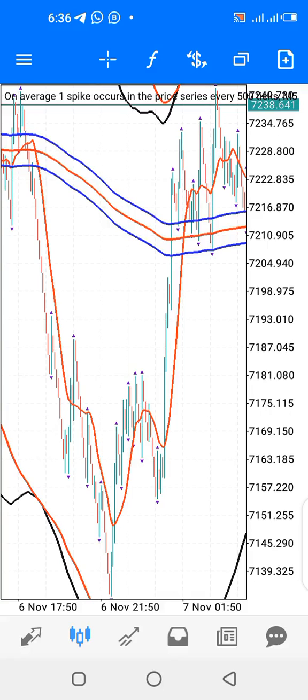Boom index will spike upwards. If price is against your execution and you have a spike upwards when you are selling, you cannot place a stop loss to stop the force of the price.